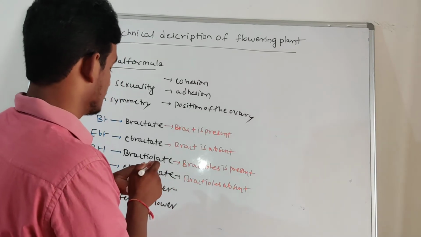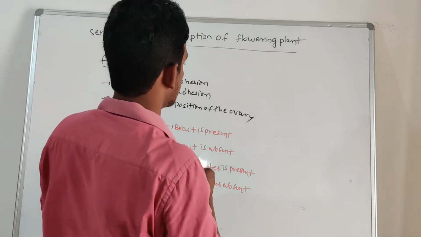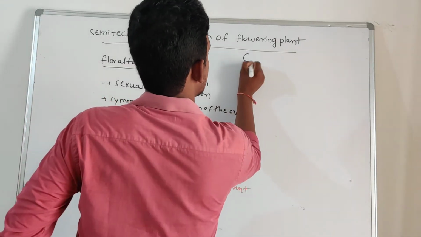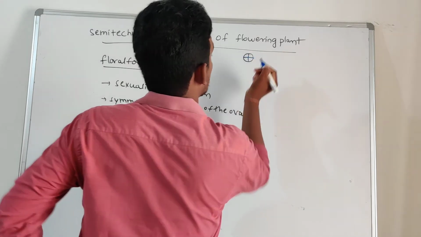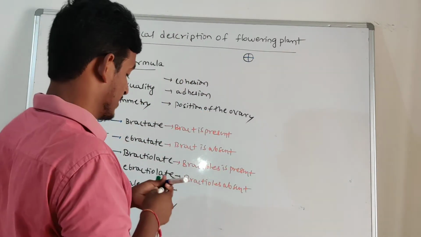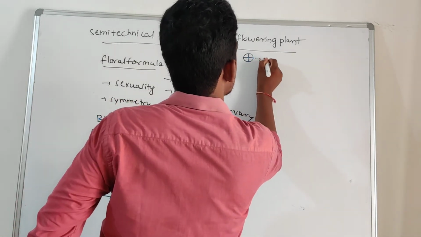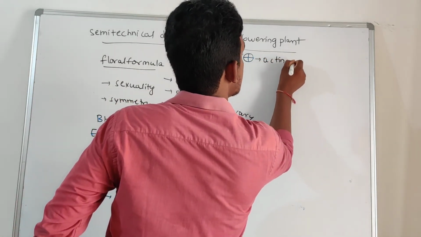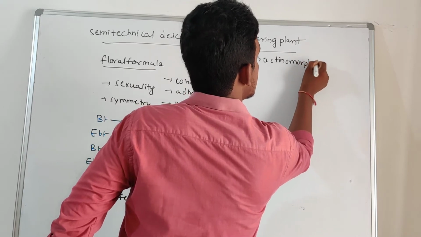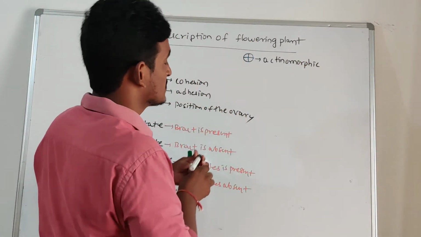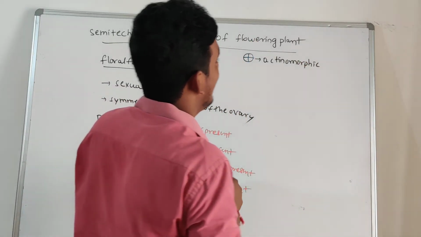Later the symmetry. Actinomorphic means the flower shows radial symmetry.